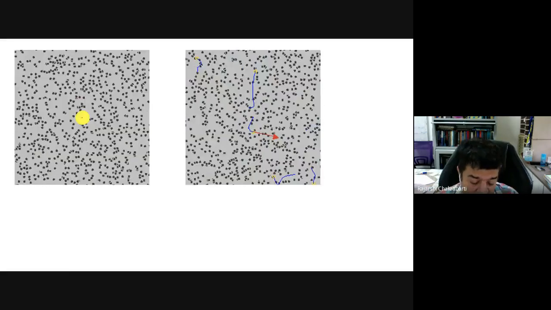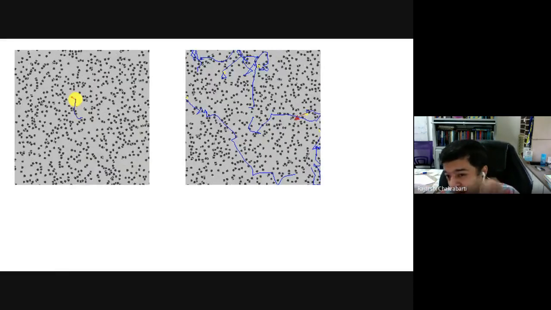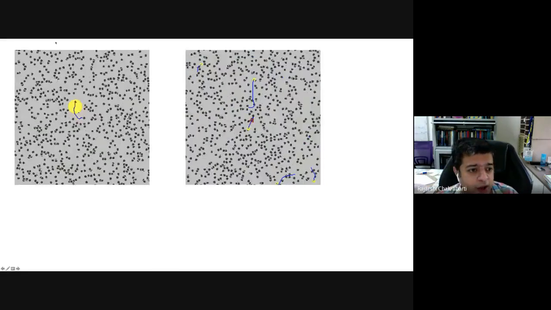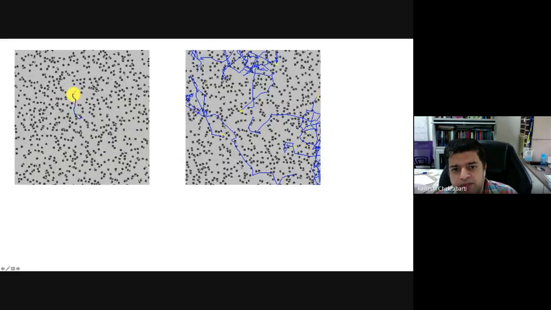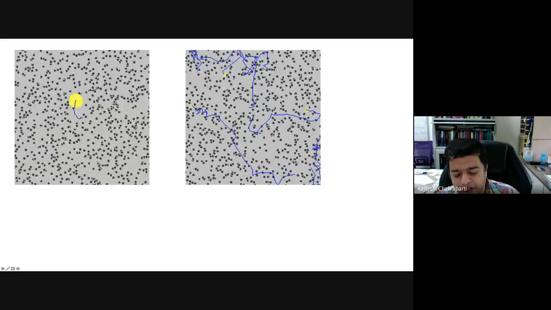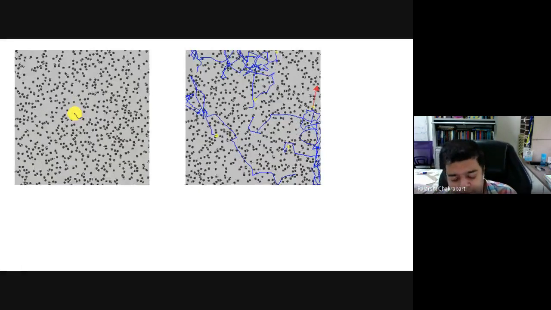We'll talk about it later in the next class, but today we'll talk about another description where rather than thinking of a single particle, you can think of n number of particles, like shown here, many particles. Each particle is executing Brownian motion.